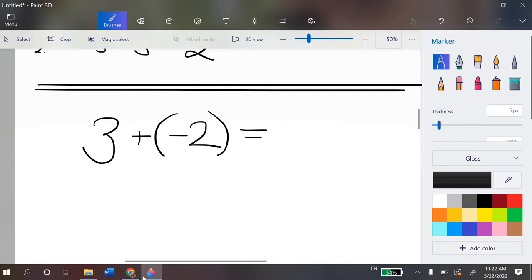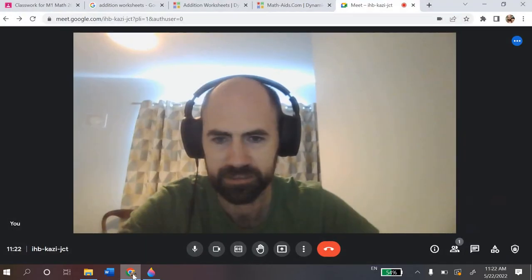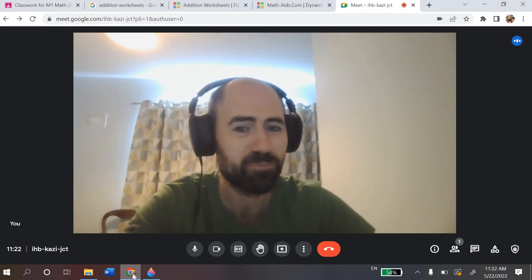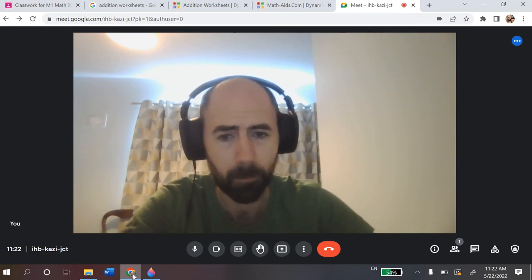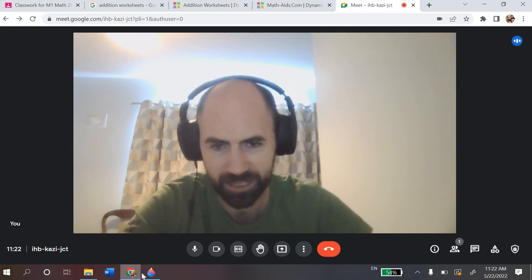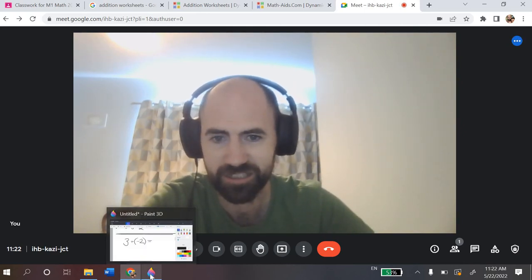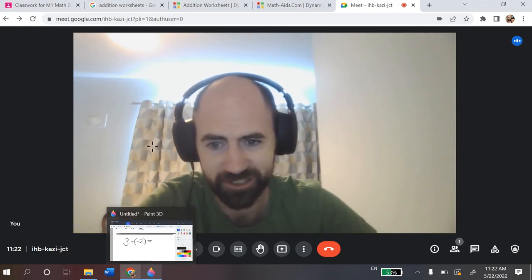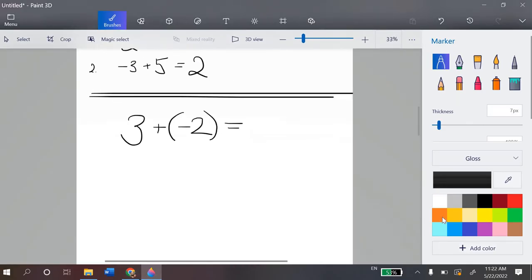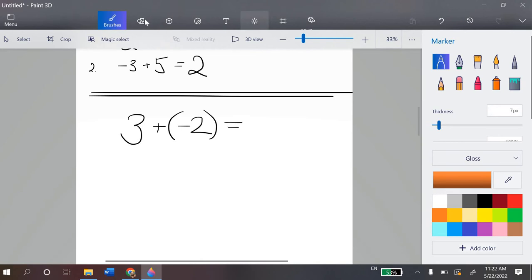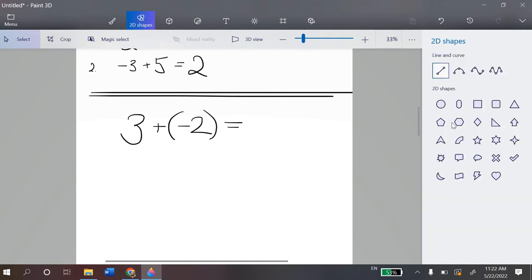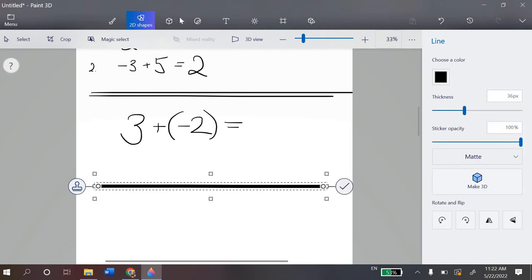What do we do here? Okay. It's going to be a little bit more difficult, but still easy. More difficult than normal, but still not very difficult, okay? So first we're going to use our number line.